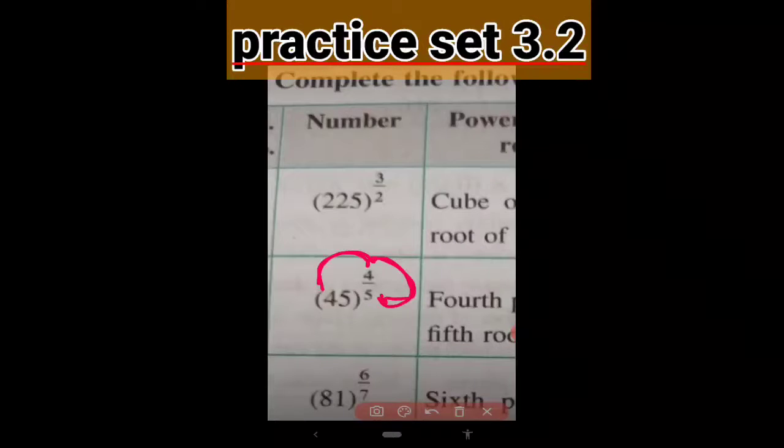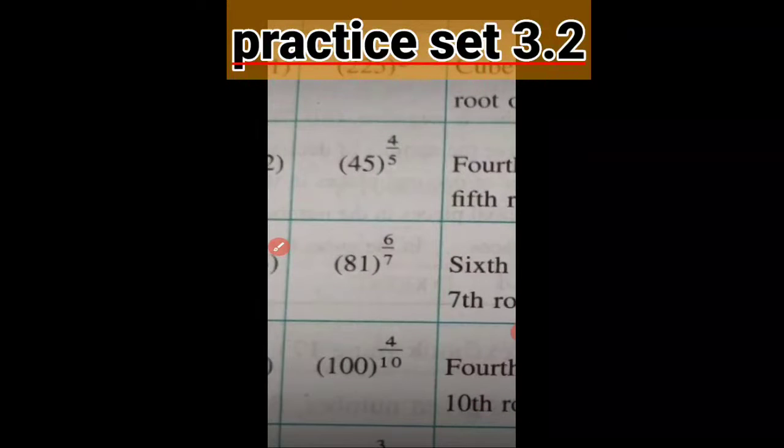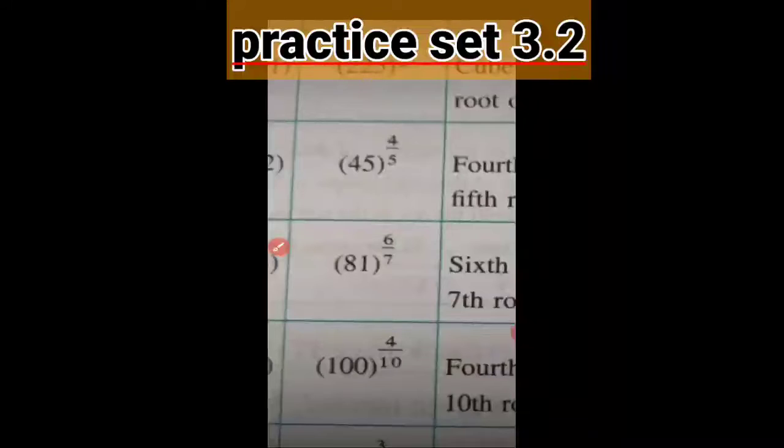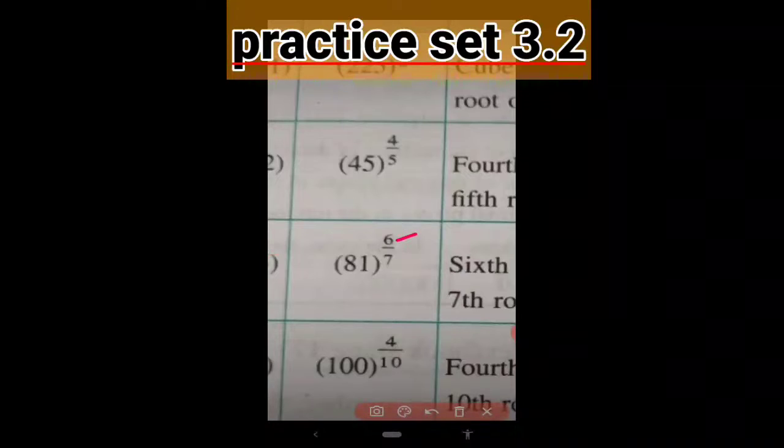Okay. Now the third example, 81 to the power 6 upon 7. We read this as the sixth power of the seventh root of 81.